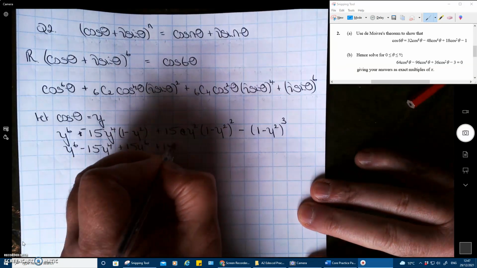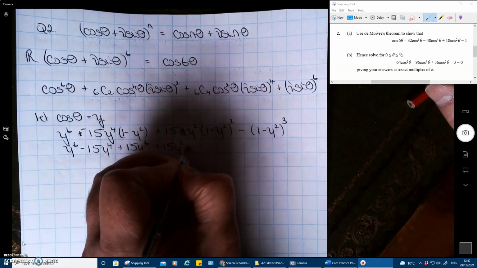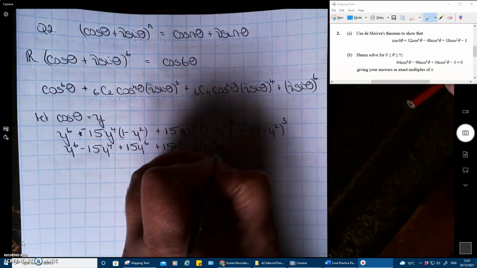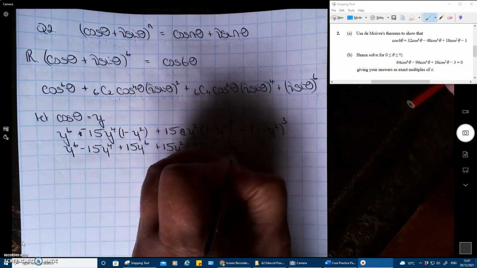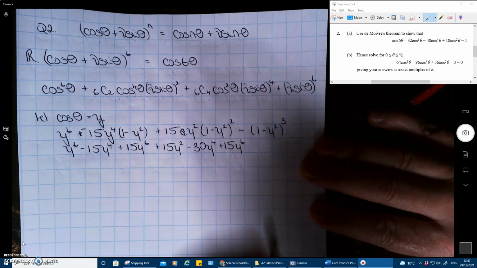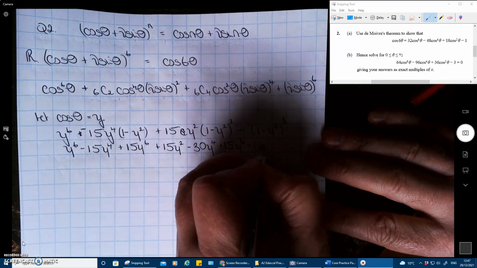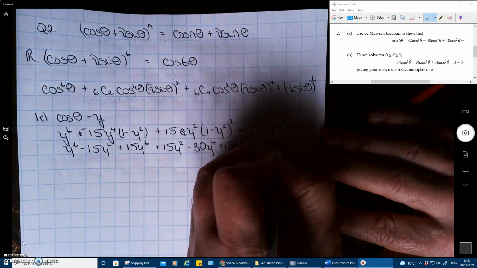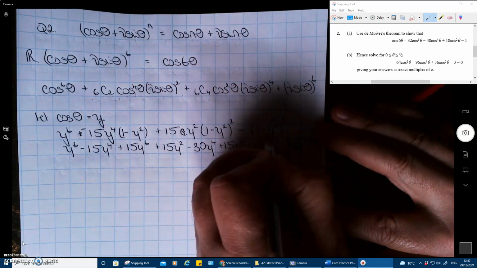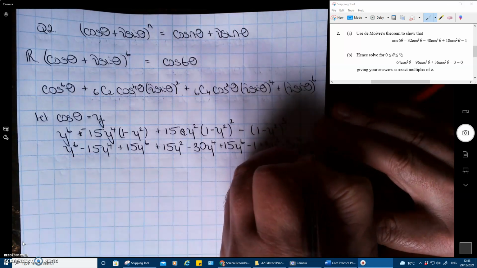So I get plus 15 y squared minus 30 y to the power 4 plus 15 y to the power 6. And this multiplied out is just a cubic, so I get minus 1 minus a minus, so plus 3y squared minus 3y to the 4, and then plus y to the power 6.